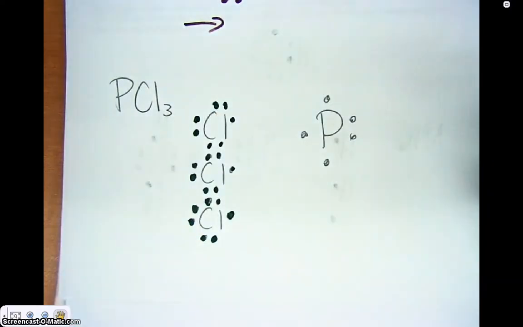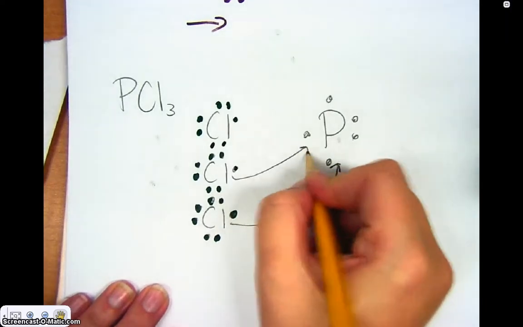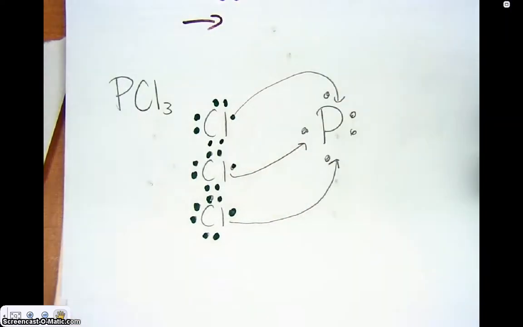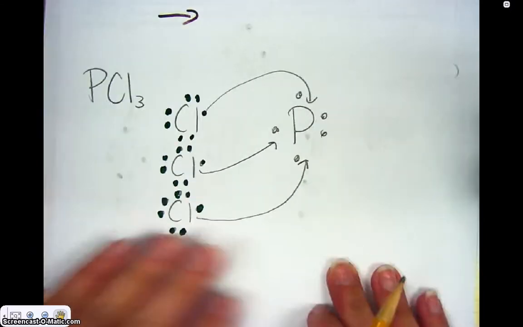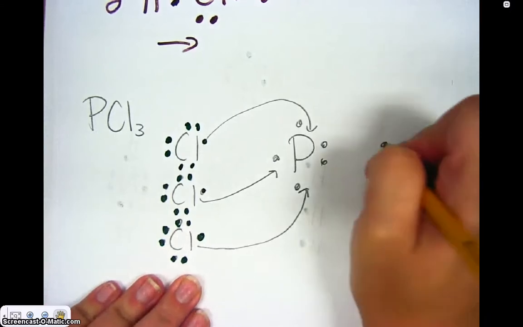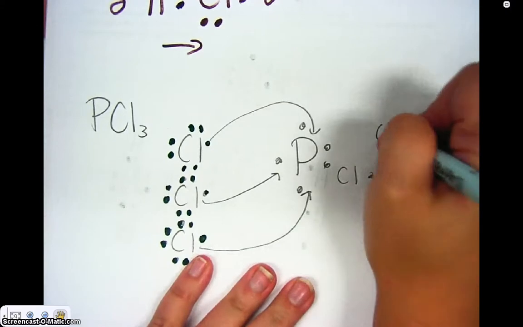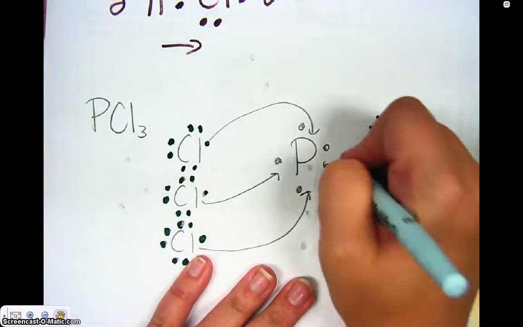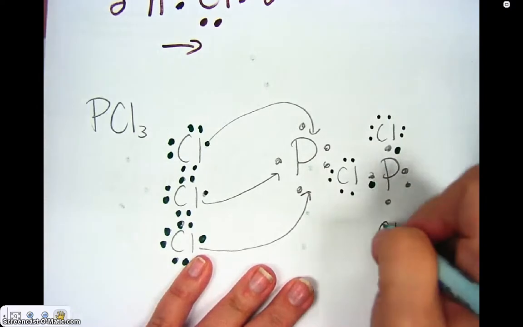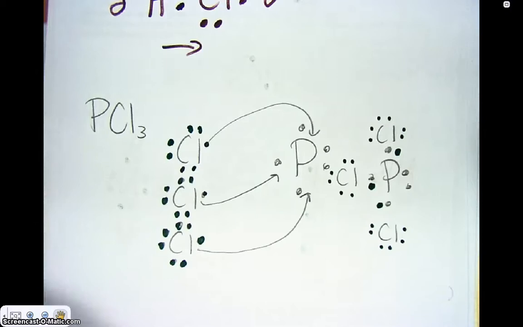So each chlorine needs 1 electron to be full, and phosphorus needs a total of 3 to be full. So if this unpaired comes and shares here, and this unpaired comes and shares here, and this pair comes and shares here, then what we end up with for a Lewis structure is phosphorus, 1, 2, and then 1, 2, 3, and then we're going to have our chlorines around the outside, and one of them is going to share, and then it has its other, and then one of them shares there, and then one of them shares there, and then every single one of them is full with 8.